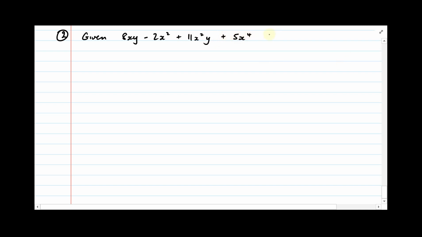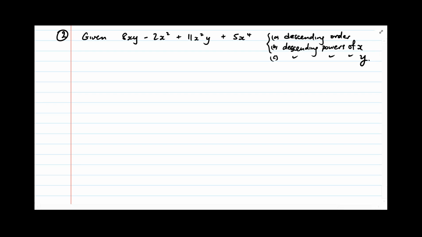And the question is, I want to write as A in descending order, B descending powers of x, and C descending powers of y. Alright, so take a few minutes and do that. For those of you who are watching the video only, remember to pause always, try it, and then resume.